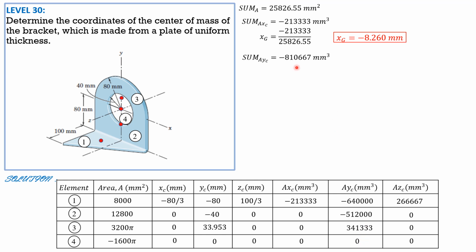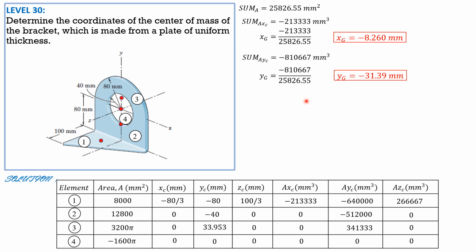Then summation of area yc, so we add these columns here, negative 640,000, negative 512,000 plus 341,333. That's negative 810,667. So therefore yg is negative 810,667 over 25,826.55. And that is equal to negative 31.39 mm.